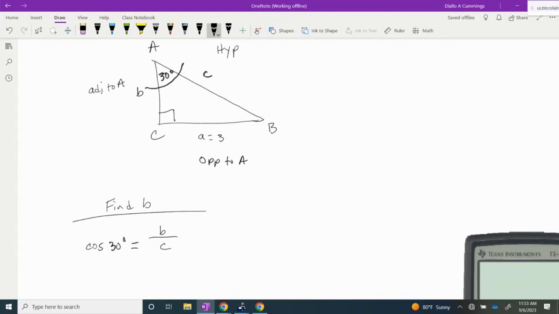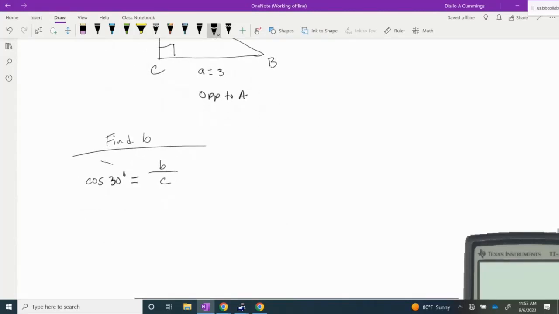So the adjacent and the opposite is going to give me what kind of function? Tangent. This is where you've got to be careful. When you set up your trig function, there can only be one unknown. If I were to use a cosine, I'd have too many unknowns. So we're going to use a tangent function.